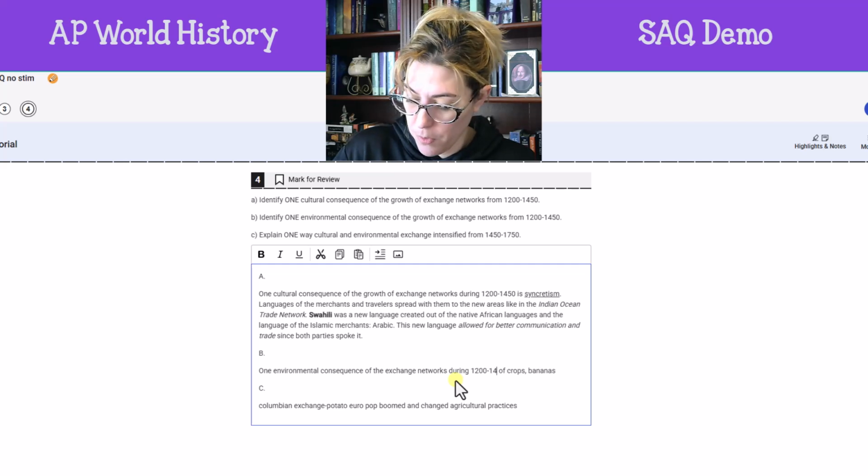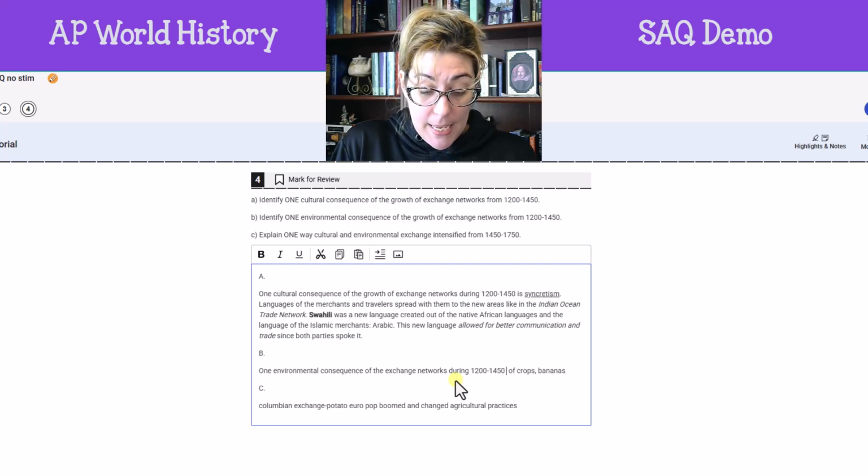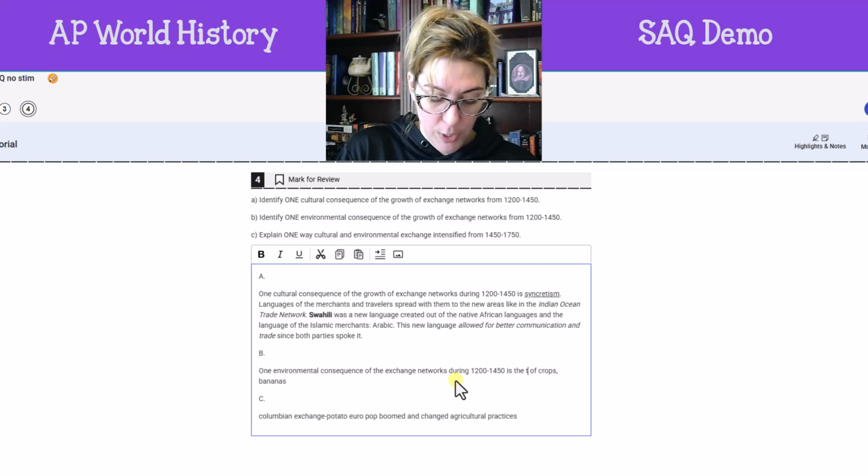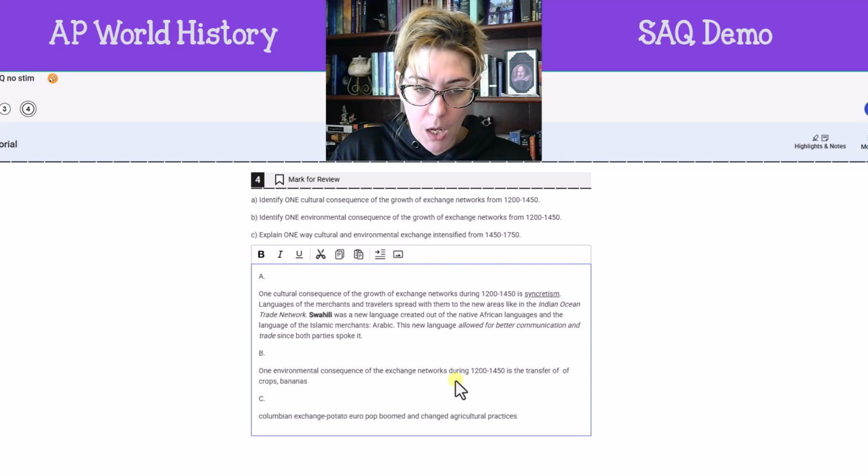1200 to 1450 is the trade, is the transfer of crops.